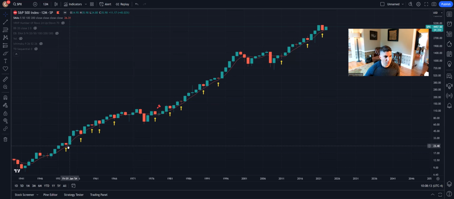And so when you have a test of this 5-year simple moving average, the following year, what happens? Well, this is what happened in 1954. That's quite the rally. We had the same thing happen in 1957. That's quite the rally the following year. 1960, that's quite the rally. We see a little pattern here. 1962, that's quite the rally.